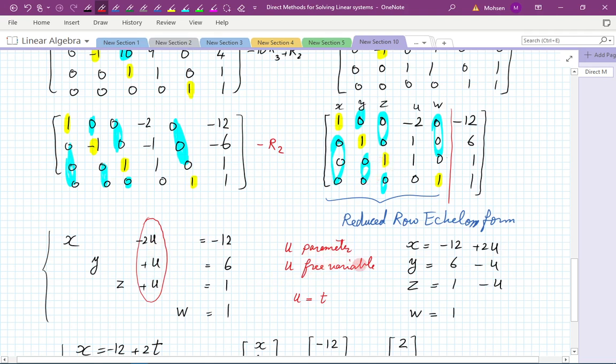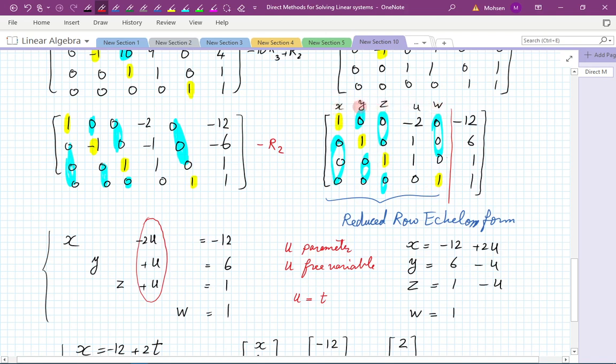That becomes a free variable. That's the item that's taken to the right hand side, and a parameter is assigned to it. So when you make your echelon form, the variables that associate to the leading entries are going to be called dependent variables.